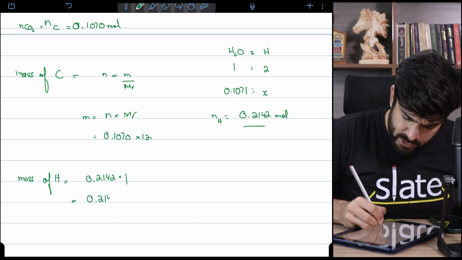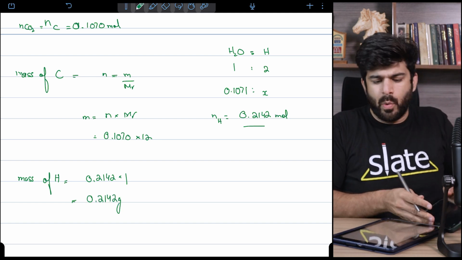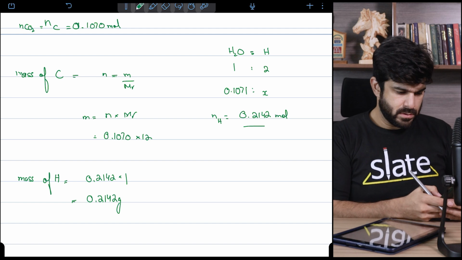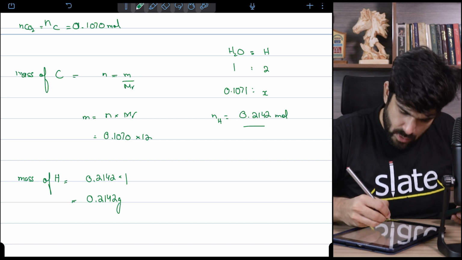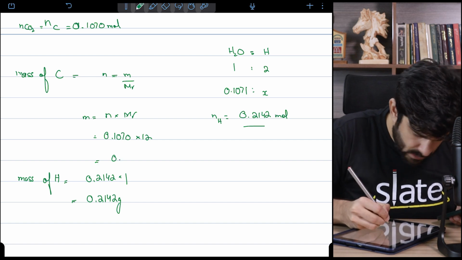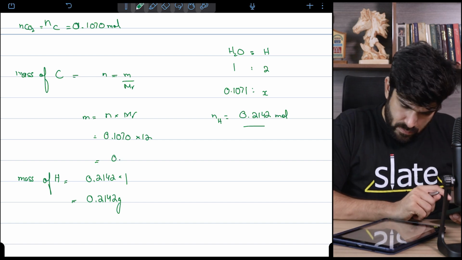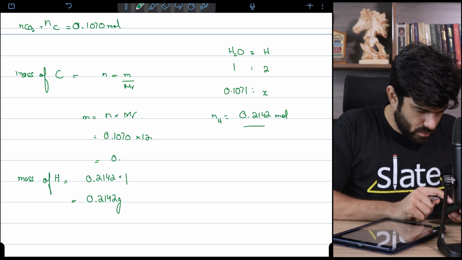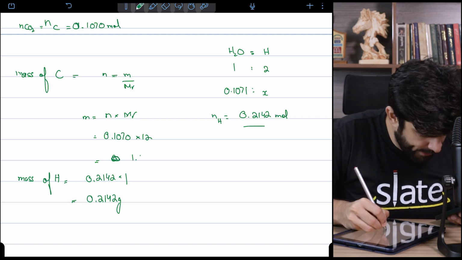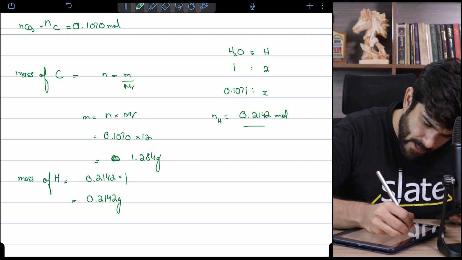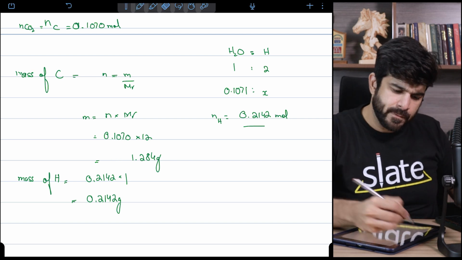So the mass of hydrogen is 0.2142 grams, while the mass of carbon is 1.284 grams. Now this is the mass of carbon.